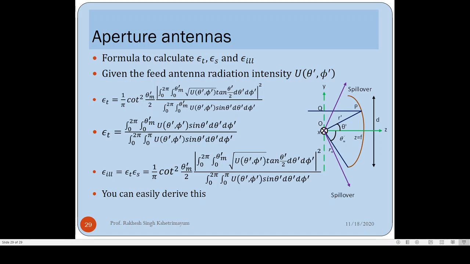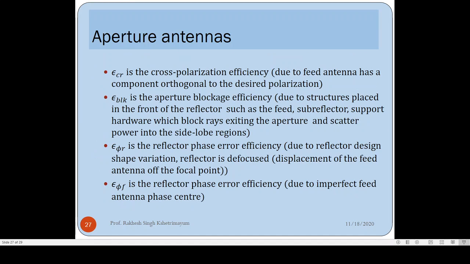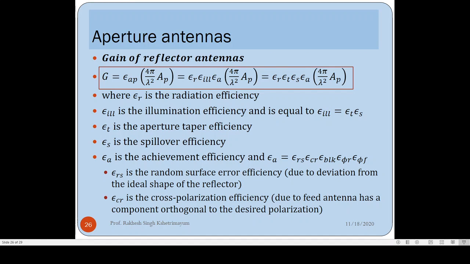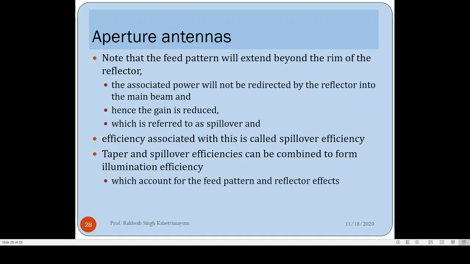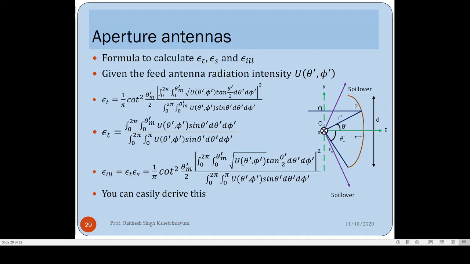Then you have phase efficiency from the feed antenna and phase efficiency from the reflector antenna. Then you also have the blockage efficiency. Some of the rays are blocked by the hardware circuitry which holds the feed antenna, as well as the feed antenna itself, which is placed at the focal point for the prime focus reflector antenna. There will be blockage efficiency also.